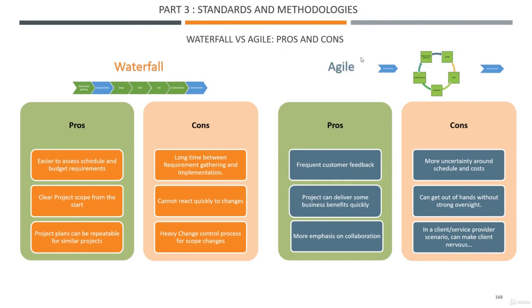Let's have a look at Agile, pros and cons. So what is great with Agile is you get a lot of customer feedback. In Waterfall, in theory, or hopefully you do it a bit differently, but in theory, they've done their requirements in 2020, they don't see the screen until they do the testing. It could be 2022 on a very large project.